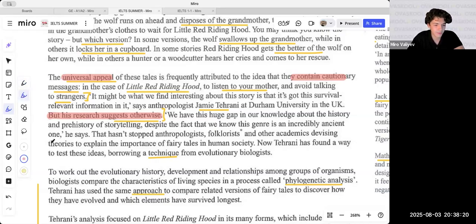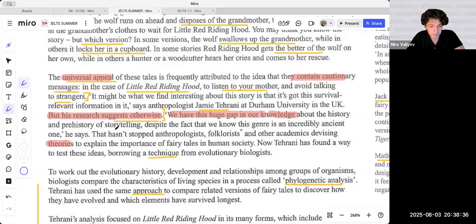See, now they talk about the theories, that they make those theories. But how do they make theories, right? Because we have the huge gap, he says, right? We have a huge gap in the knowledge about the history and prehistory of that.